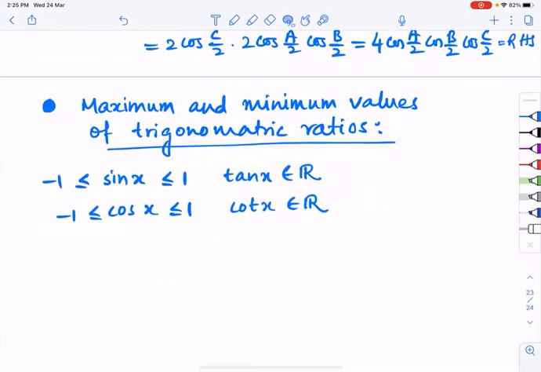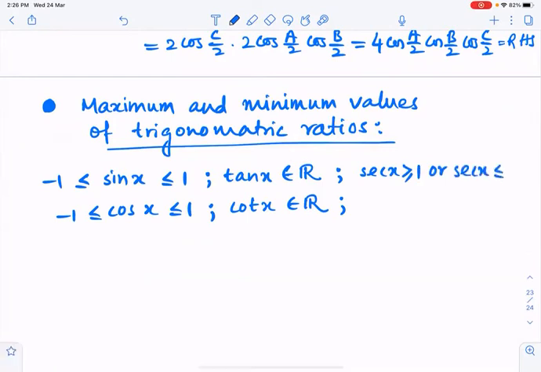Then we have sec x and cosec x. Sec x is greater than or equal to 1, or sec x is less than or equal to minus 1. Similarly, cosec x minimum value is 1, or cosec x maximum is minus 1.